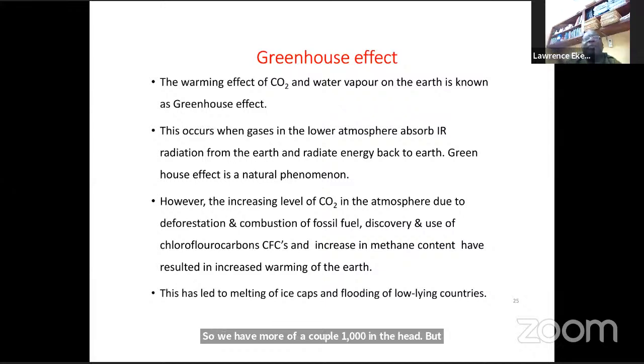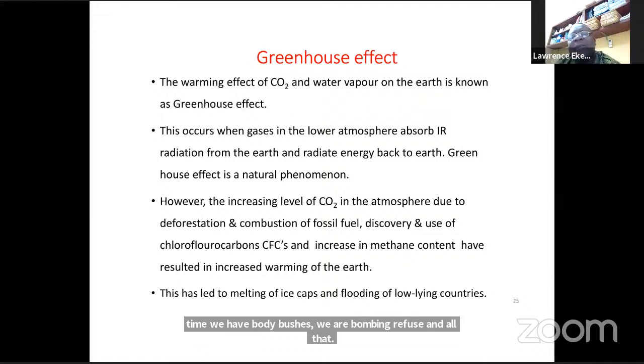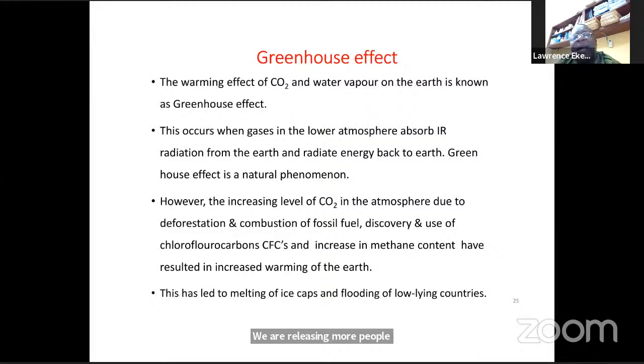By the time we are burning bushes, we are burning refuse and all that, we are releasing more carbon dioxide to the air. And the increasing level of the carbon dioxide in the atmosphere due to the burning of bushes, due to combustion of fossil fuel, due to deforestation, due to the use of chlorofluorocarbons, all these things will lead to an increase in the level of CO2 in the air.